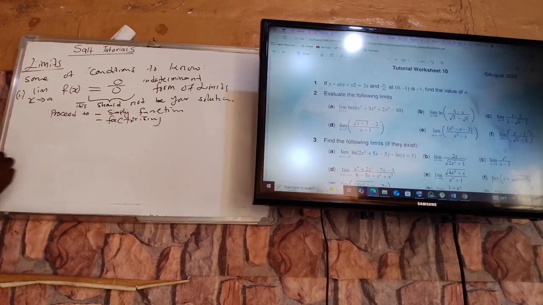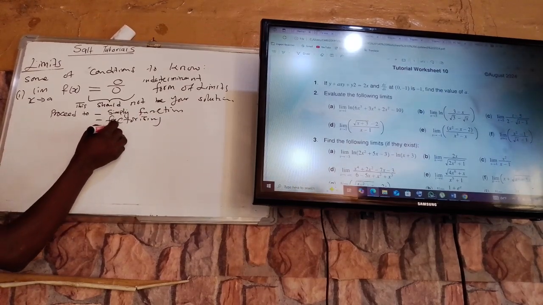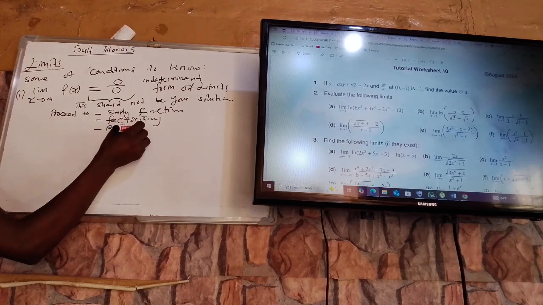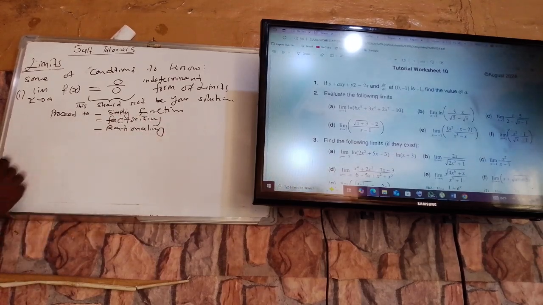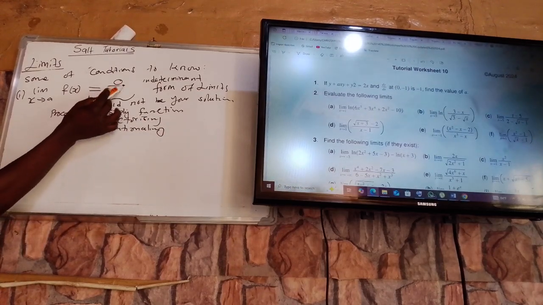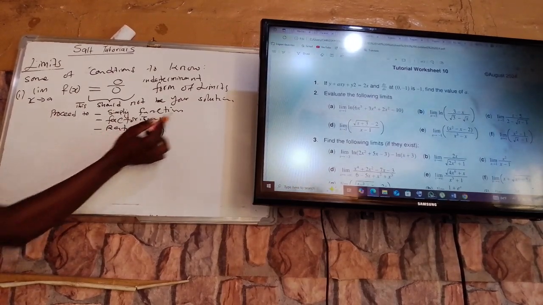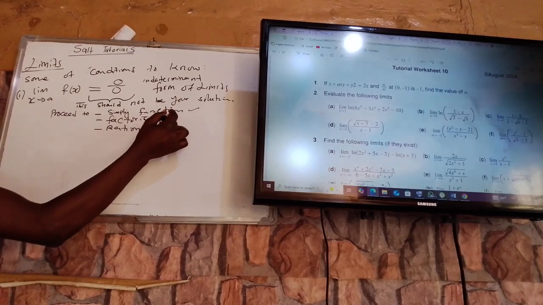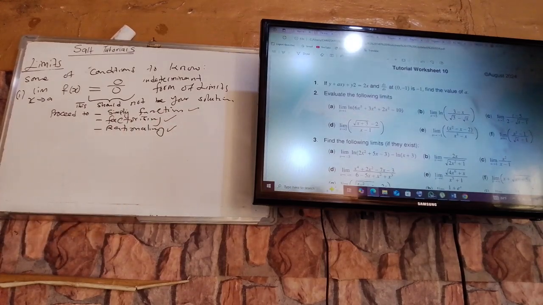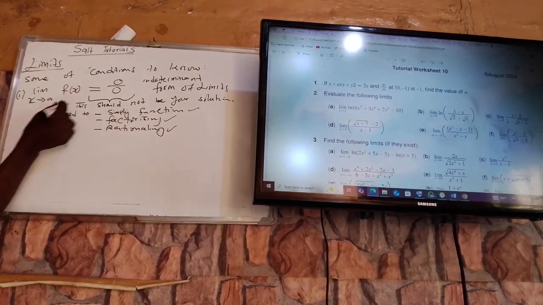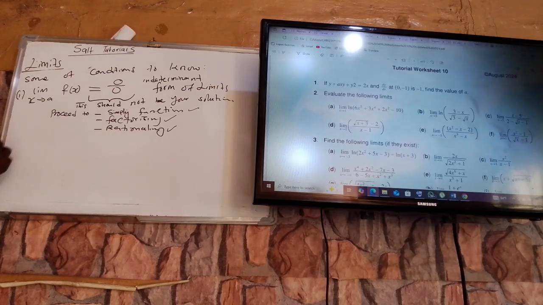You can simplify your function by rationalizing. So if it comes out to be a 0 over 0, then stop and proceed with either of the following: simplify your function, factorize your function, or rationalize your function, depending on what is going to work out in that particular case. So 0 over 0 should never be your solution.